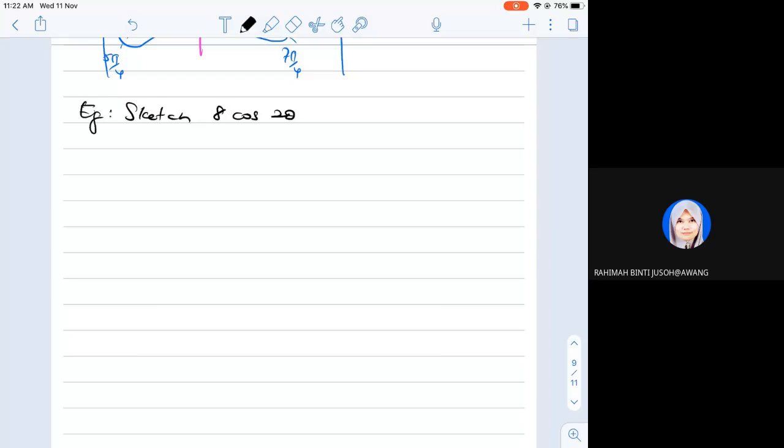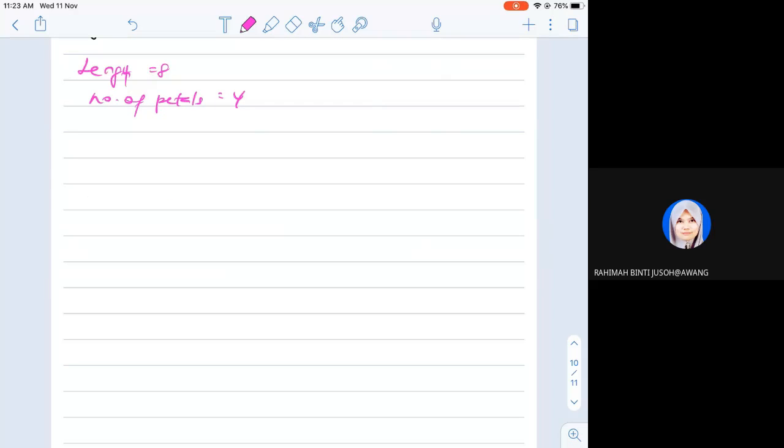What is the length of this petal? 8. Length is 8. Number of petals? 4. Okay, number of petals is 4.